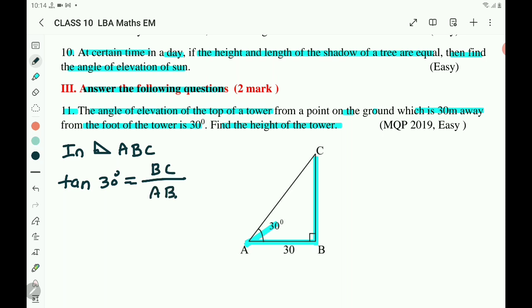BC by AB, directly you can write it. Then tan 30 degree.